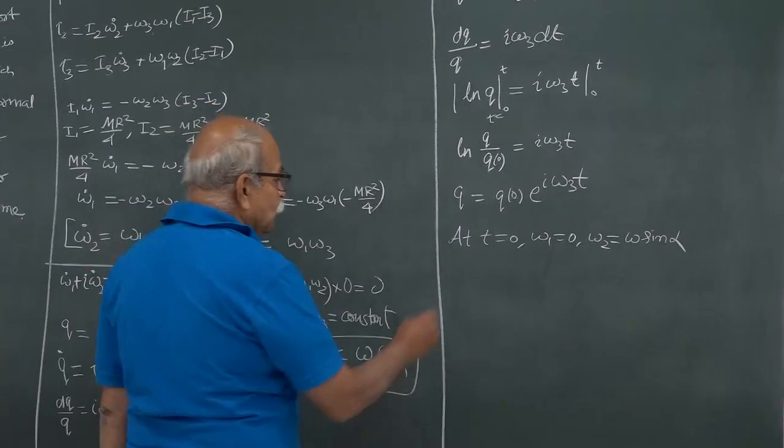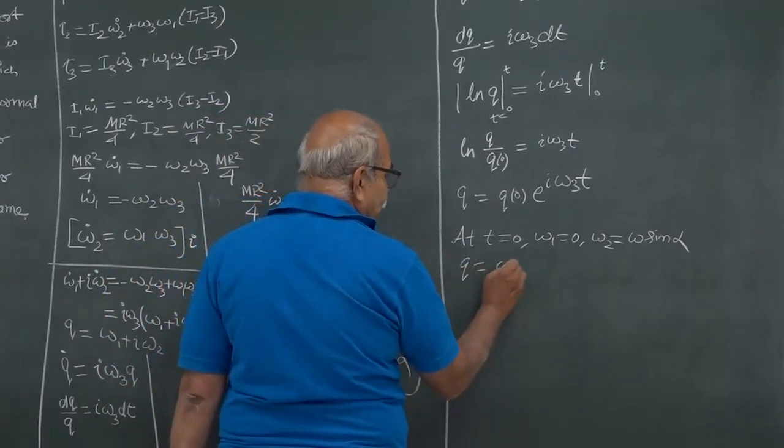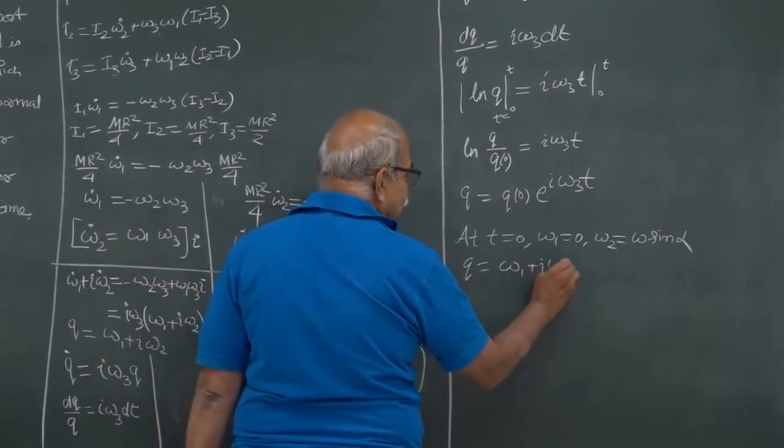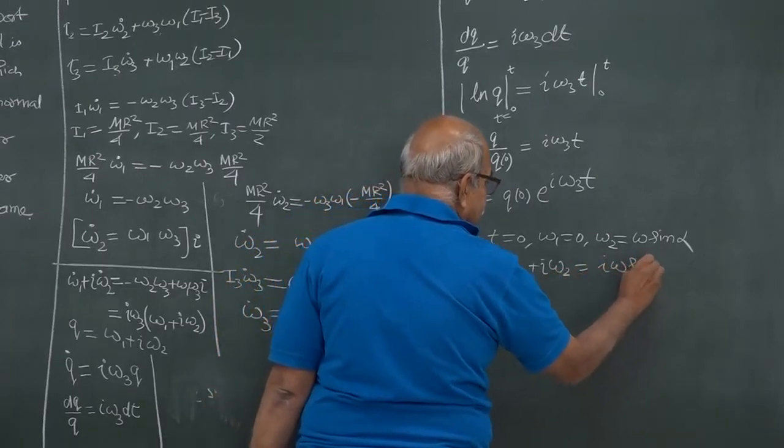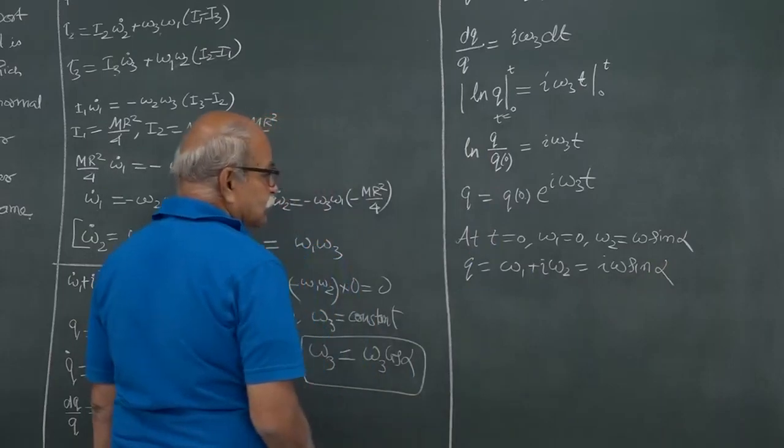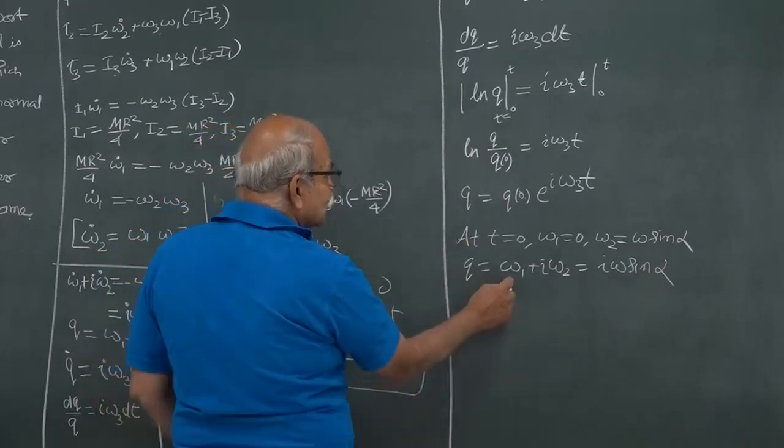All right. So, q is equal to omega 1 plus i omega 2, which is equal to i omega sine alpha. This is q at t equal to 0.